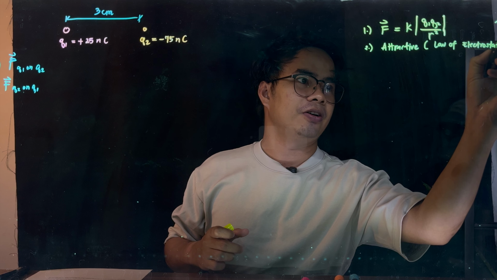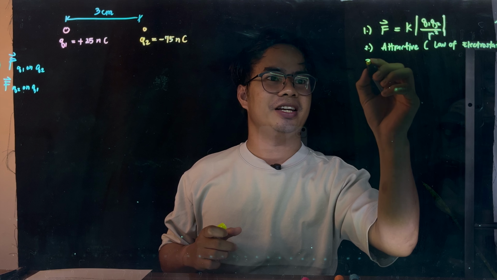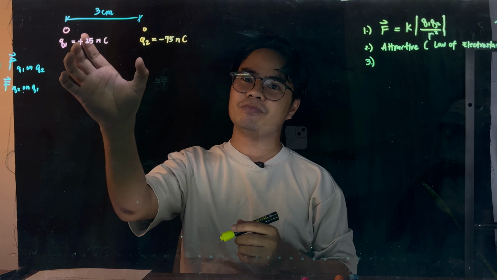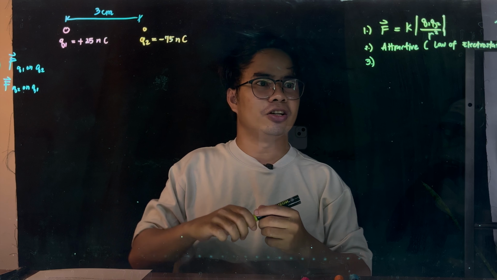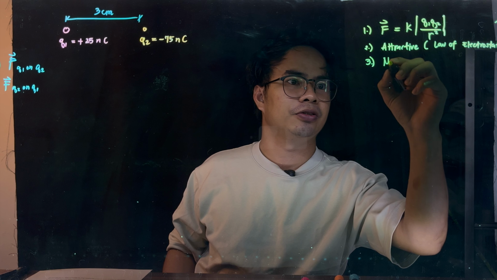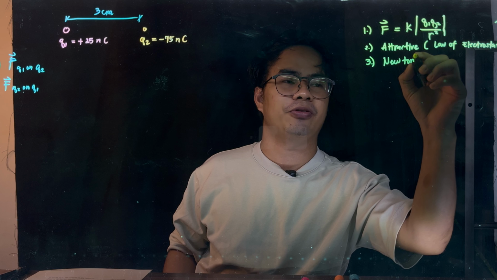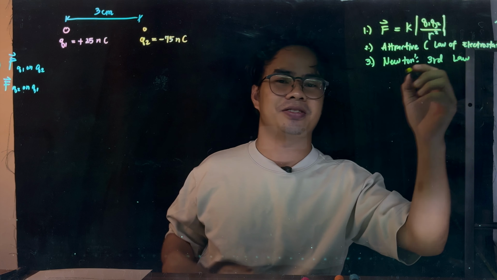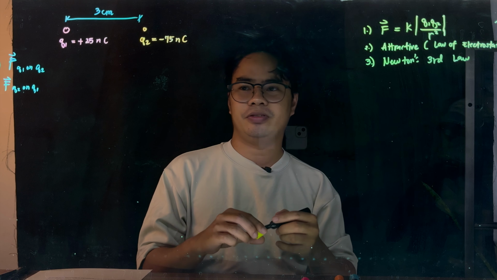And the third one is this: these charges are actually obeying Newton's third law, which is your action-reaction force pair. So these are the physics things that we have to consider in solving this problem.